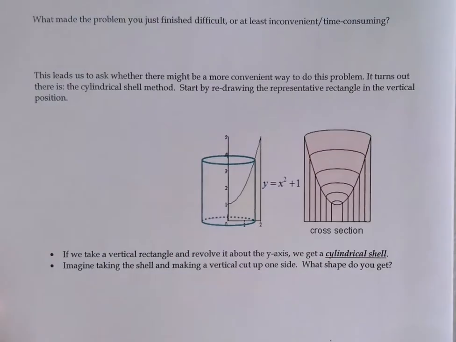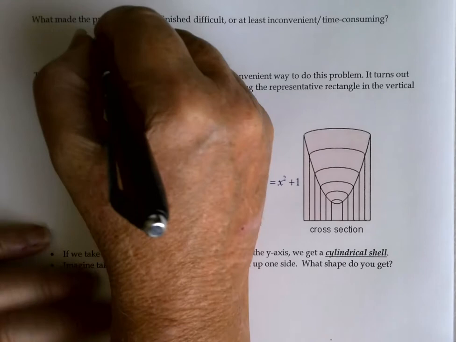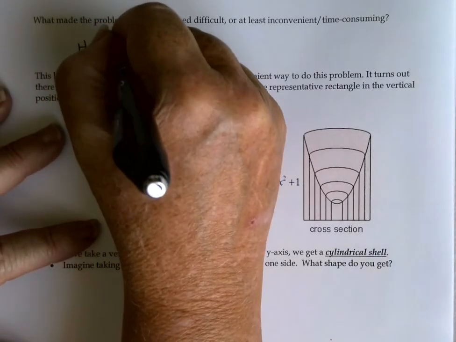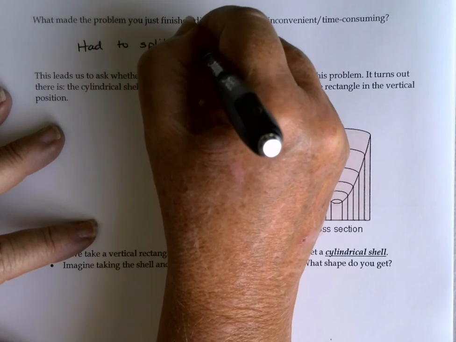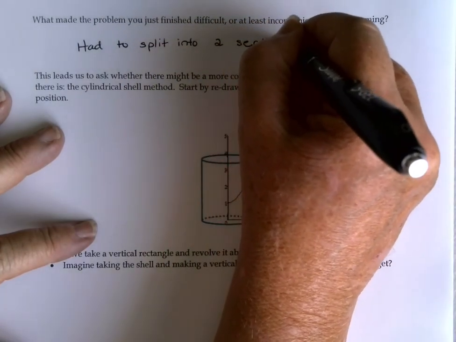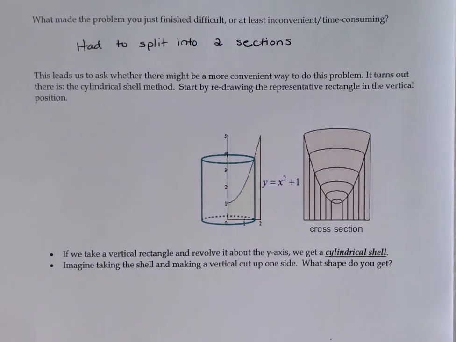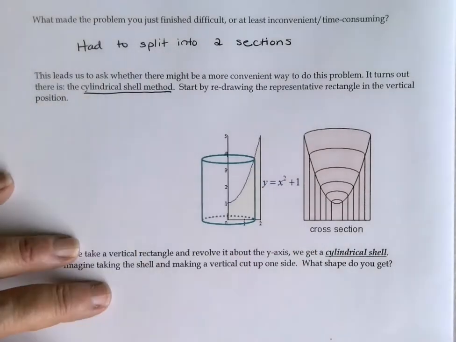All right, so back to our notes. Again, the problem that we just finished doing, what was difficult or at least inconvenient or time-consuming was the fact that you had to do it in two sections. So, again, the question was, is there a more convenient way to do the problem? And this is where we're going with the cylindrical shell method.